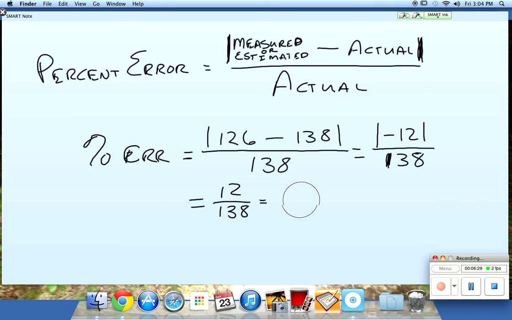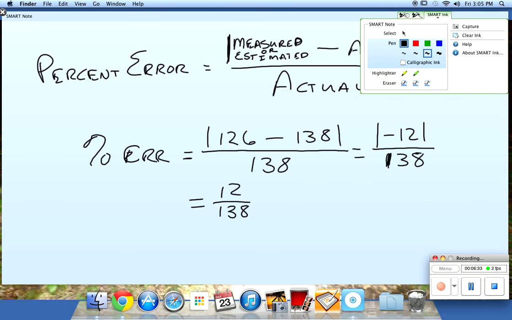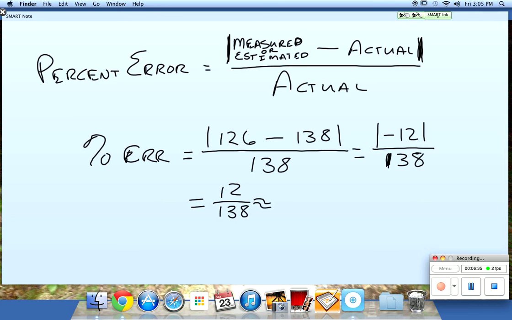This is going to be approximate, so I'm going to use an approximation symbol here, approximately 0.09. We want to find out what the percentage of this is. We're going to multiply this by 100% to come up with 9%. That's what our percentage error was over our estimated minus our actual.